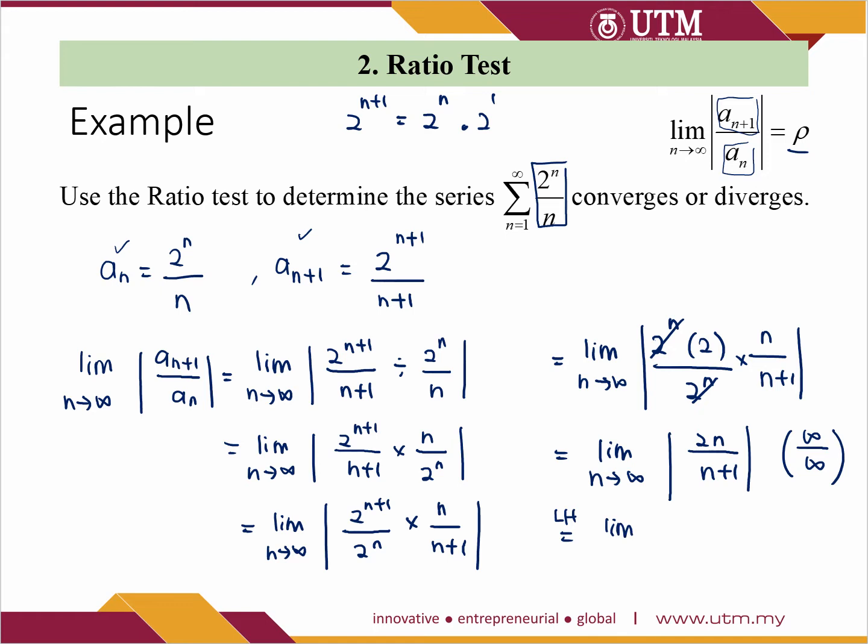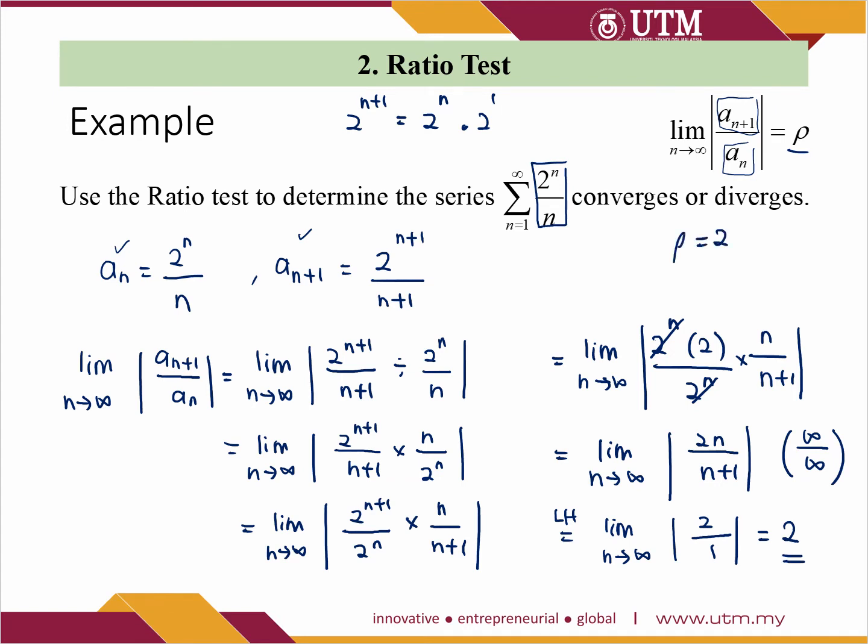Since here we use the variable n, we differentiate with respect to n. So you get 2 over 1 as n approaches infinity. So now you get your value, which is equal to 2. So your rho here is equal to 2.